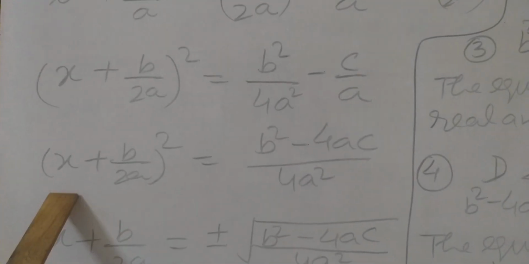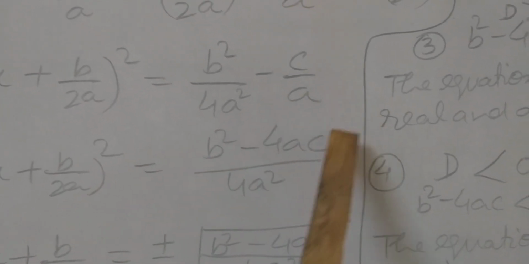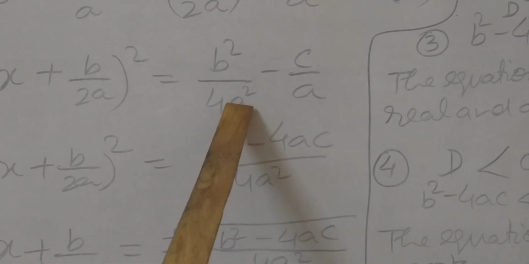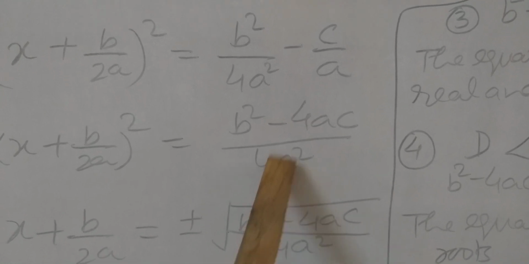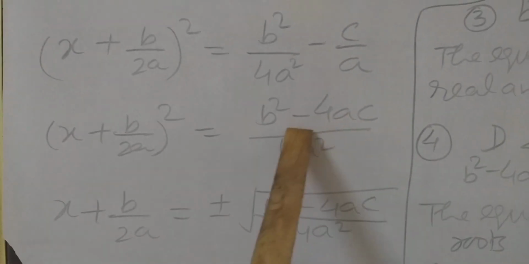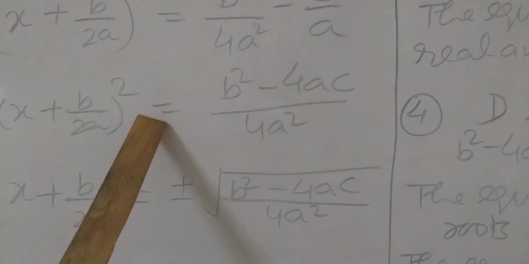So now x plus b upon 2a whole square equals, take LCM, students, 4a square. 4a square cancel, b square minus, dividing by a, 4a multiplied by c, 4ac. Now students, we have to remove the square sign here.